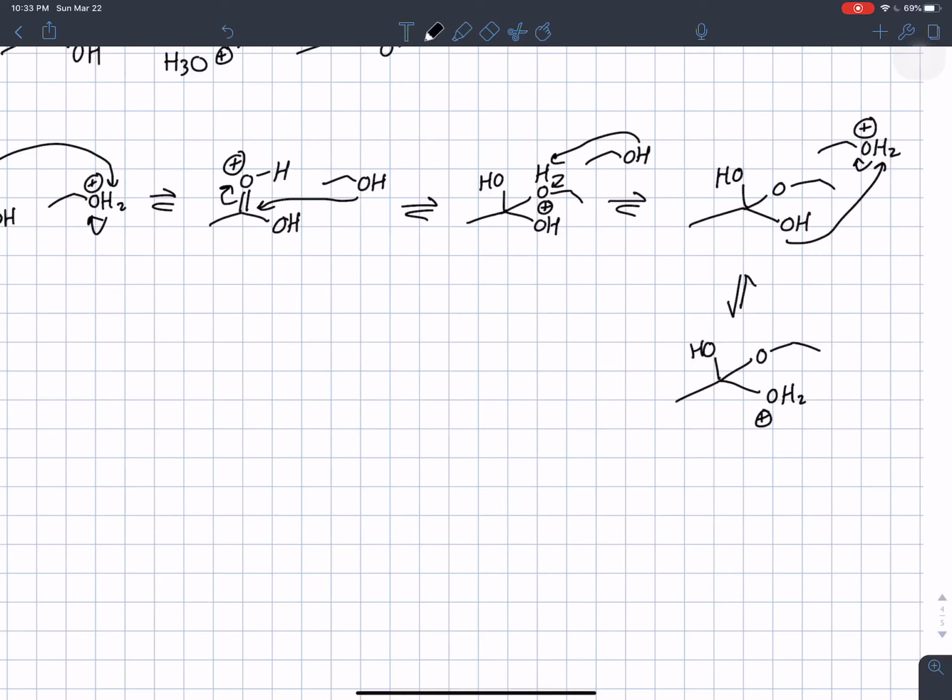All right, and then we'll get rid of it. So this can come down and this can leave, plus water, and the water at the very end can take off this H.